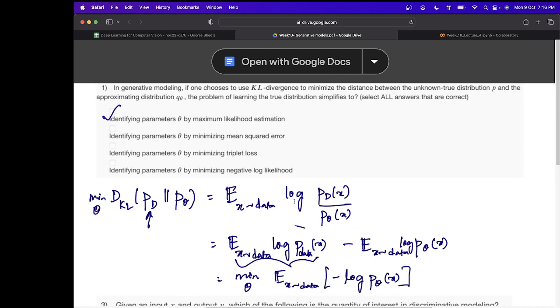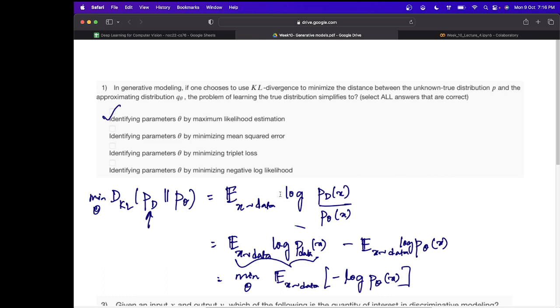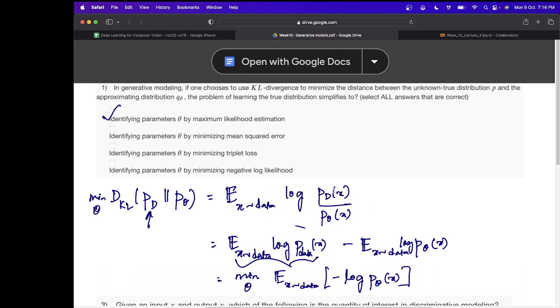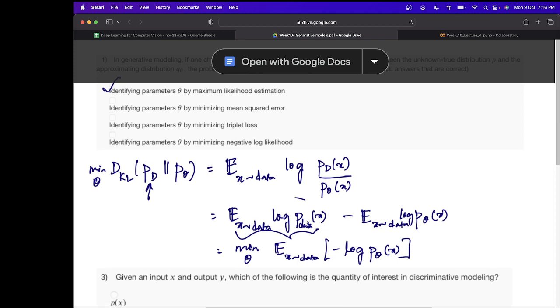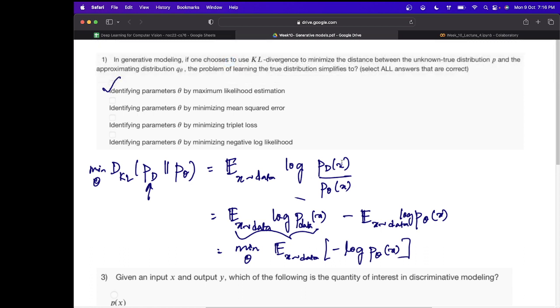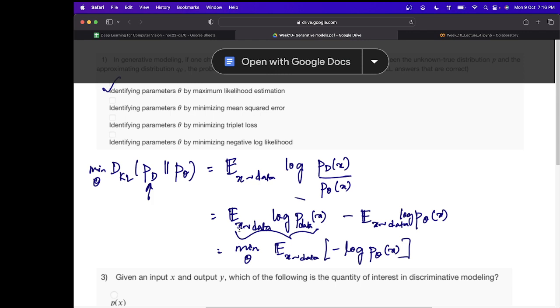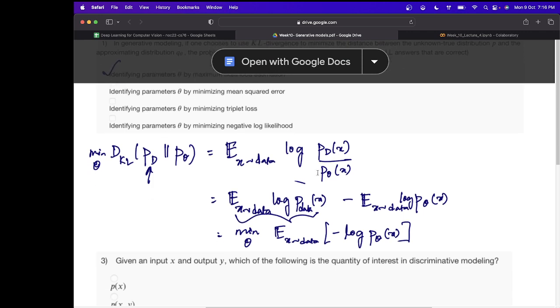And basically you minimize this for all the data points that you have. Like I said, the outside term we can ignore because it doesn't have any theta factor. Now you break this log up.